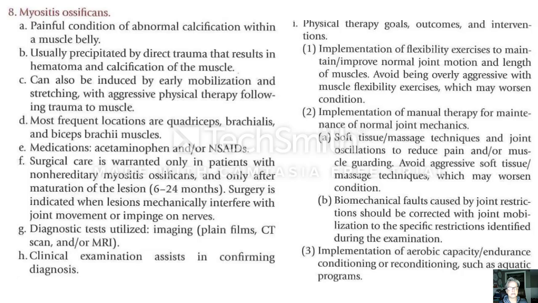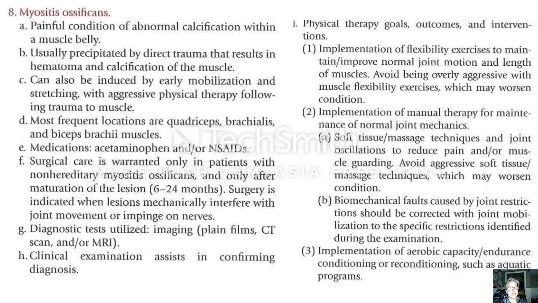Can also be induced by early mobilization and stretching with aggressive physical therapy following trauma to muscle. Most frequent locations are quadriceps, brachialis, and biceps brachii muscles.